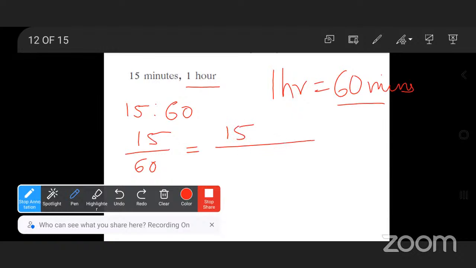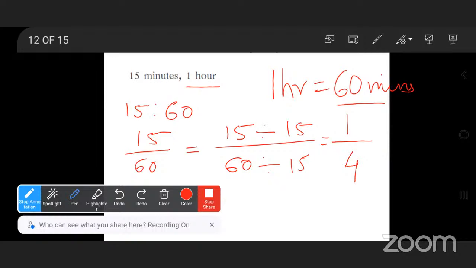Now you all know that 60 comes in the table of, yes, 60 comes in the table of 15 itself. Right? 15 ones are 15 and 15 fours is 60.